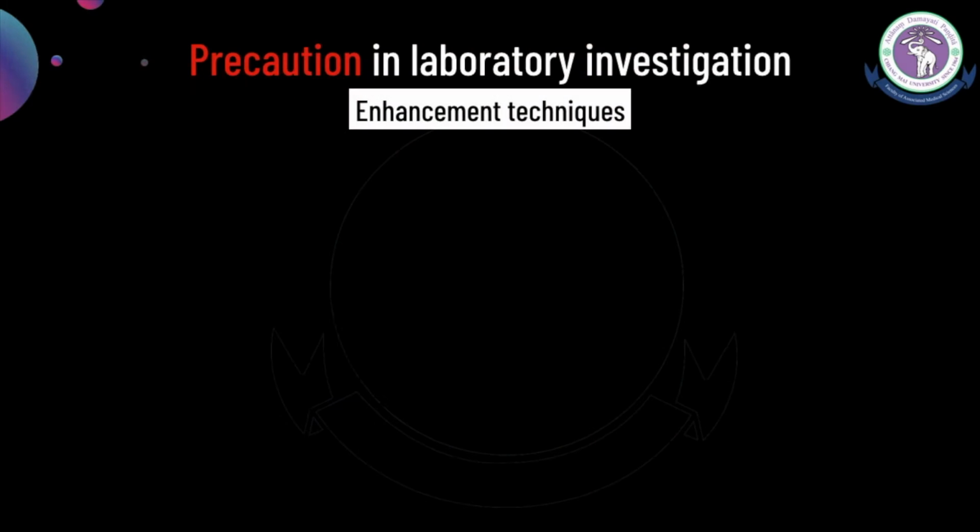In an early phase of HTR, detection of autoantibodies in patient serum may fail because of low titers of antibodies. So, using enhancement techniques may help. First, adjust the volume of serum or concentration of red blood cells to increase the serum to cell ratio from 40 to 1 or higher. This can be done in two ways: increase the volume of serum or decrease red blood cell concentration.